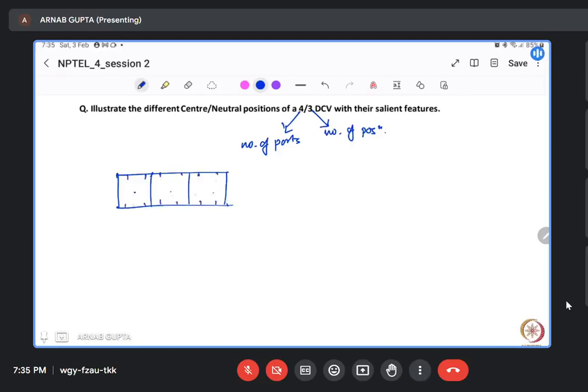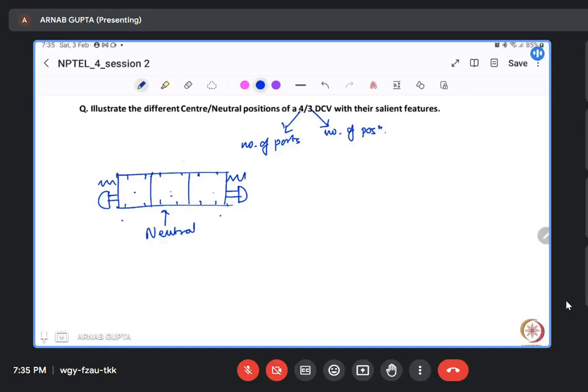Out of these three positions, the central position is called the neutral position, and the other two positions are activated positions. They can be activated by spring, manually, or through some solenoid valve, depending on the type of actuation we already discussed in the previous question.